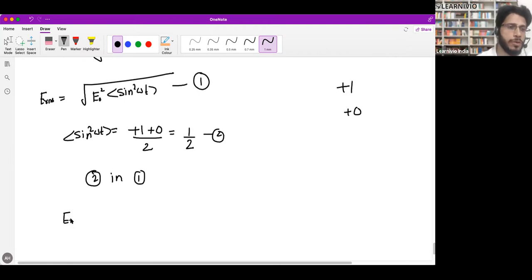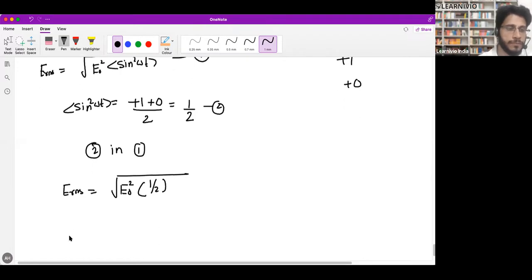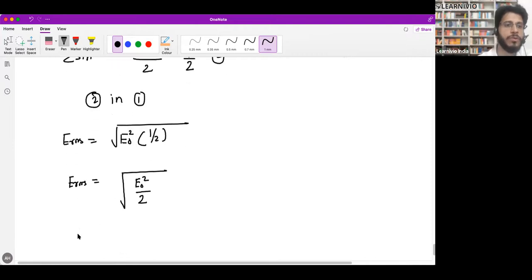When you put 2 in 1, you get E RMS as root over E naught square, with sine square omega t as half. E RMS is root over E naught square by 2. Next, you can take E naught outside, divided by root 2. 1 by root 2 is 0.707.